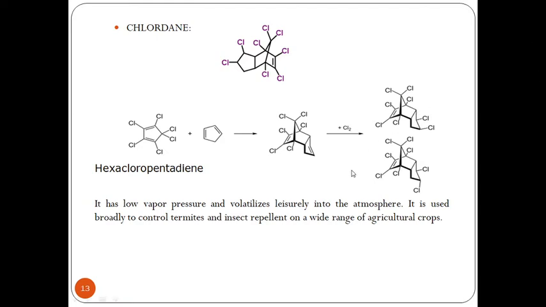So hexachloropentadiene reacts with a cyclopentadiene system in the presence of excess chlorine to give a chlordane system. The effectivity is again because of the presence of excess chlorine in the system. Spectroscopically we can again observe the 3:1 pattern in mass spectrometry, and in the fingerprint region we can observe the presence of chlorine.